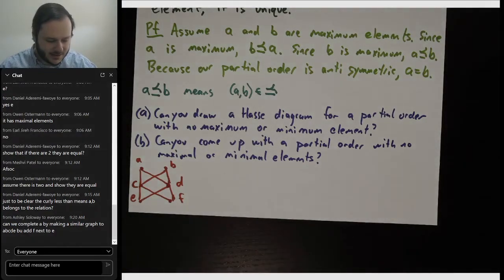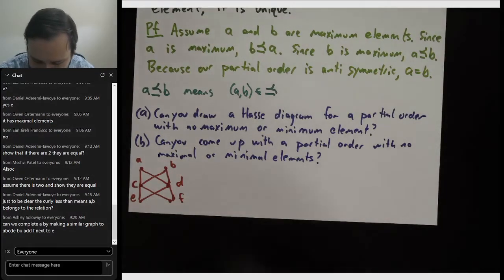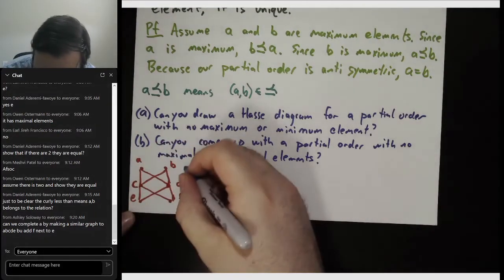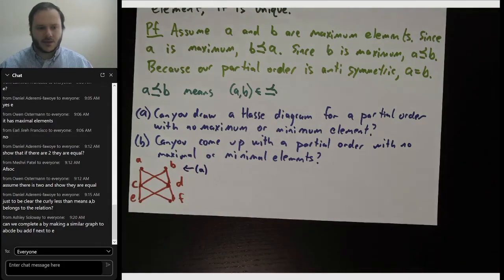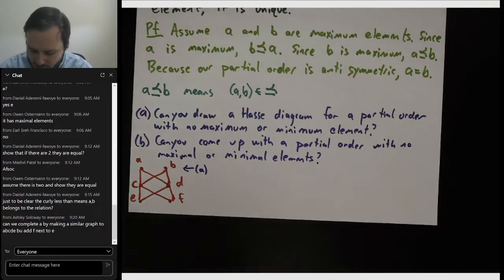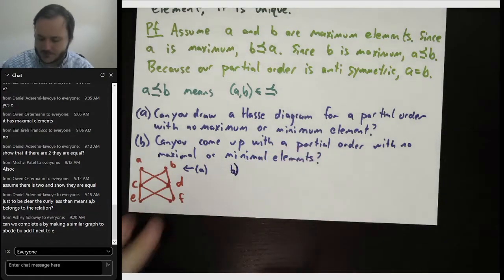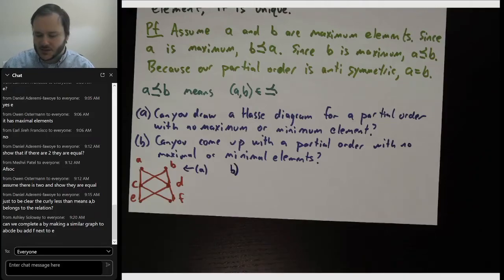So A, I can do A for sure. What about B? Can we come up with a partial order with no maximum, not only no maximum, no minimum, but no maximal or minimal elements? So let's think about what that would look like. We have some element in the middle.